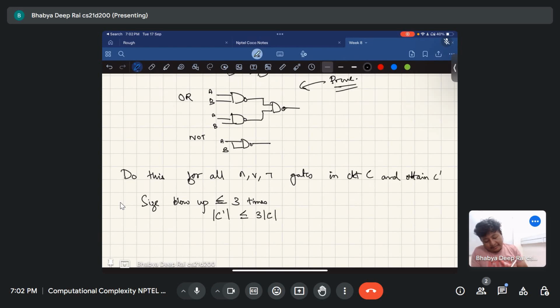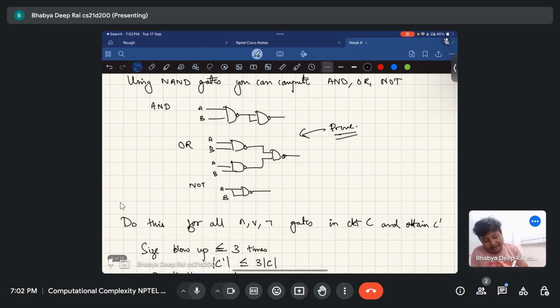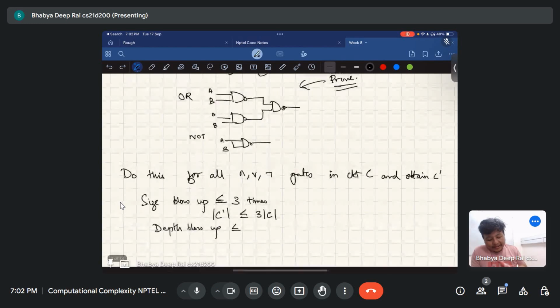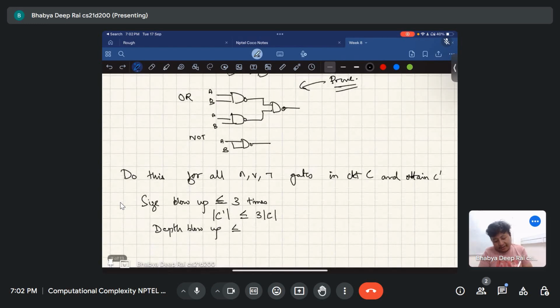And what is the depth blow up? It is at most some constant times. Why? Because the worst case is it's an AND or an OR gate. If that is the case, the gate is replaced by a sub circuit of depth 2. Instead of depth 1, it becomes a depth 2 circuit.